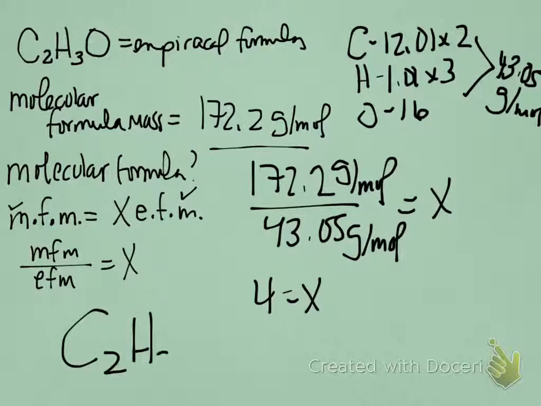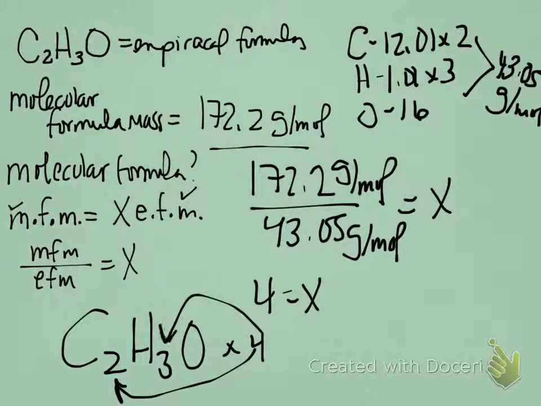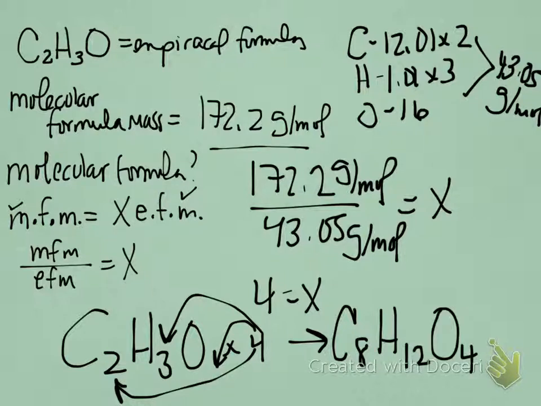Each of the subscripts is multiplied. So that means 2 times 4, 3 times 4, and 1 times 4. So what we get is C8H12O4. Okay? Fairly straightforward? Okay.